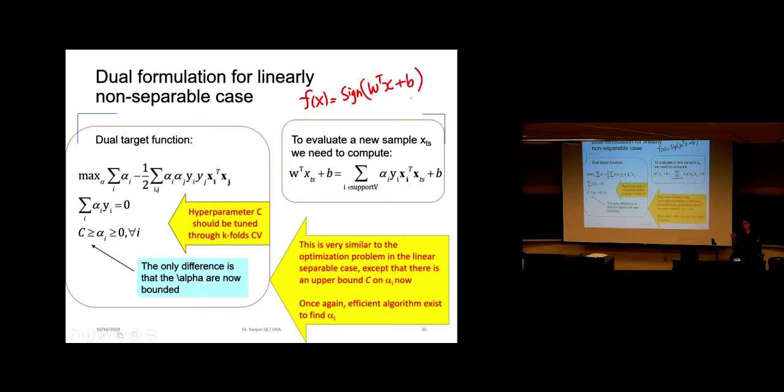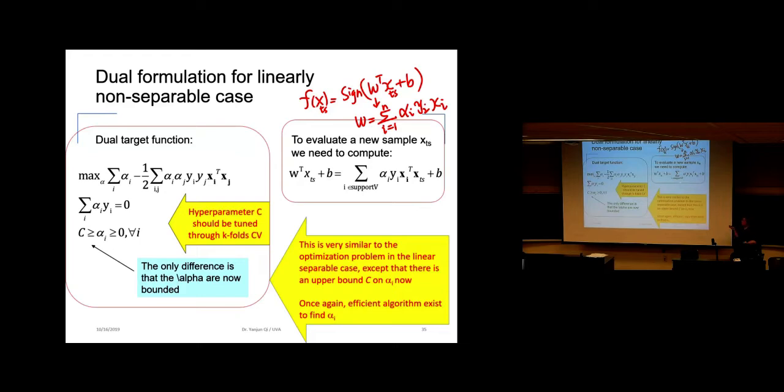This is our SVM decision function. You just substitute W equals summation i from 1 to n of alpha_i yi xi. And this is an x test, so let me write it as x_ts here. And just by eyeballing, substitute W in, and you're going to get this.